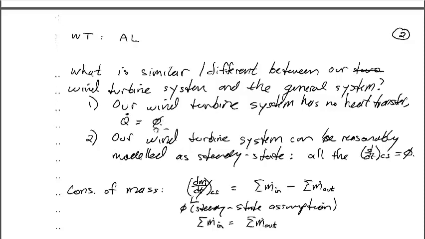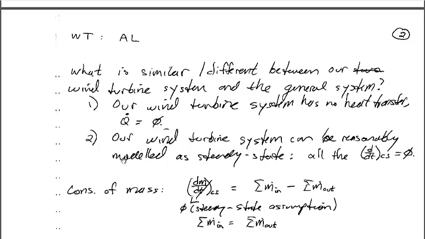So we can say right away that the Q dot term in our governing equations will be equal to 0. There's no heat transfer. The second element, which may be a little bit more difficult to recognize, but makes sense if you think about it, is that our wind turbine system can be reasonably modeled as what we call steady state.